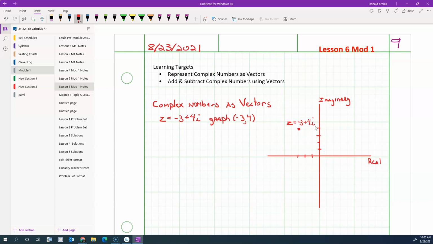Now all a vector is, see, a vector has two things to it, guys. When you hear the word vector, a vector has two qualities. It has length, which is called magnitude. So the longer you draw a vector, the greater its magnitude.